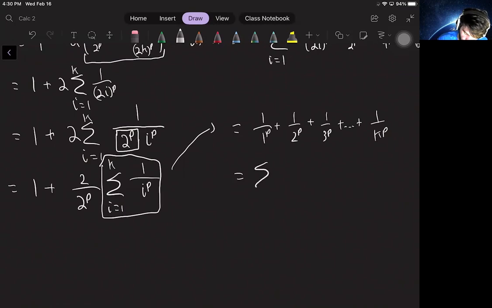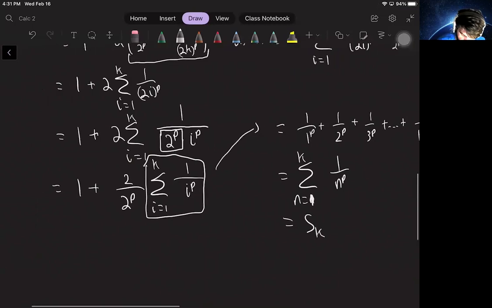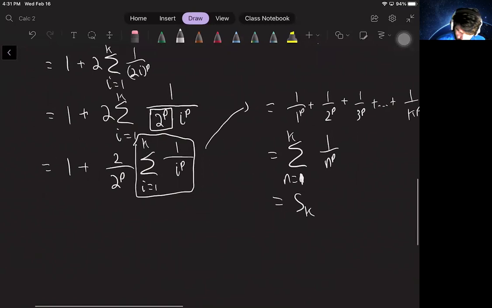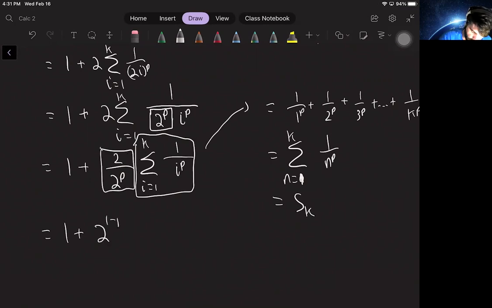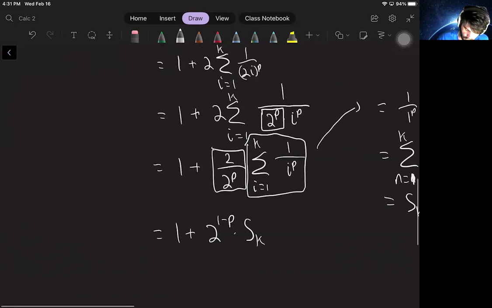So normally it would have looked like this. But the point is, it doesn't matter what you use as the index, it still is just Sk. It's just a partial sum up to the kth term. And then these guys, you have the same base, so you can just subtract the powers to simplify that, and then we get this.